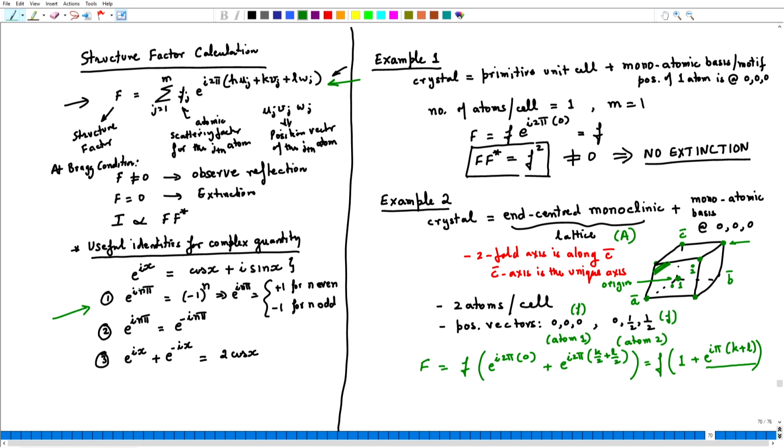So, e to the power i n pi will be minus 1 when n is odd, which means if k plus l is odd. So e to the power i pi (k plus l) can take either plus or minus 1 value. In case of k plus l odd, it will take minus 1 and hence F is 0, which also implies that F star is 0, which means we get extinction.